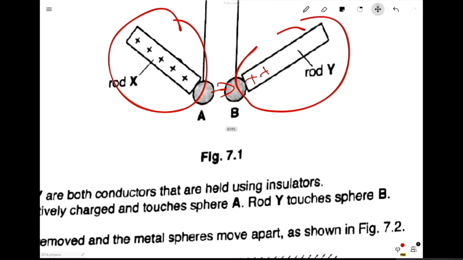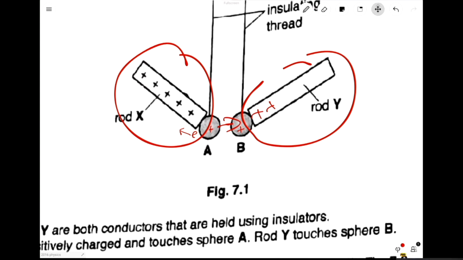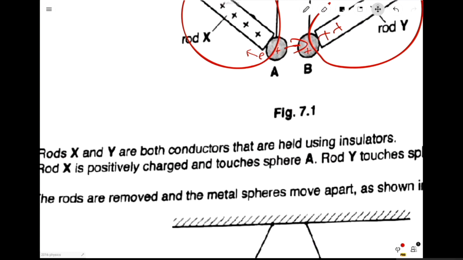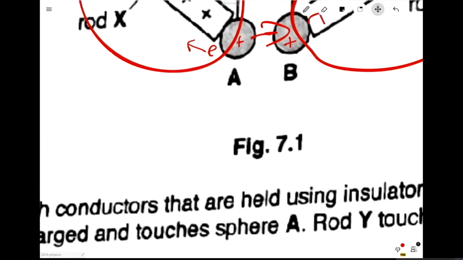When they touch, the electrons go here, so A becomes positively charged. After A becomes positively charged, sphere B is also positively charged. This one also becomes plus. And as the metal spheres move apart, rod Y is also positively charged. But wasn't A already positively charged? No, not yet. Only when rod X, which is positively charged, touches the sphere.